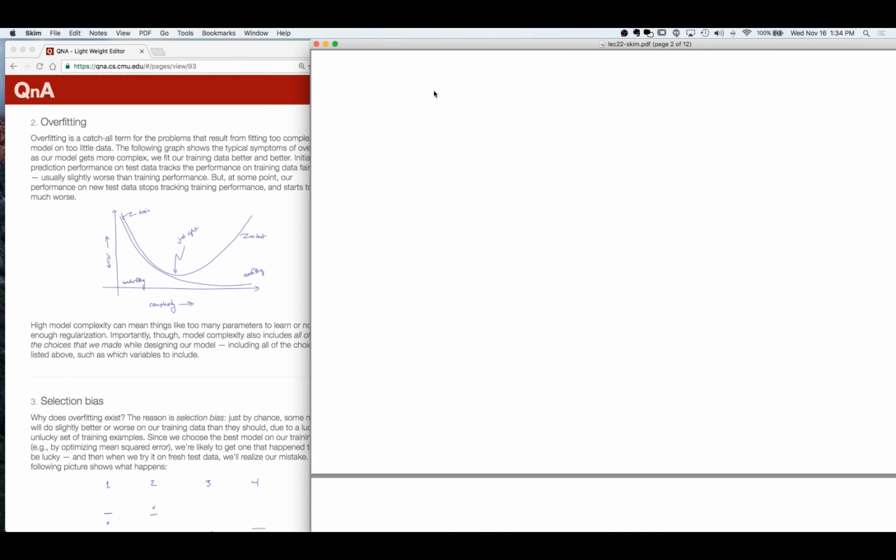So the way this graph works is that we have error on the y-axis, meaning, for example, mean squared error. And on the x-axis, we have some measure of model complexity. So we could have, for example, the ridge parameter lambda could be big, or it could be small.